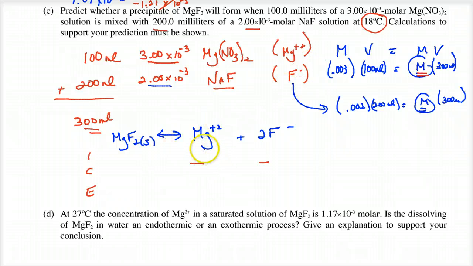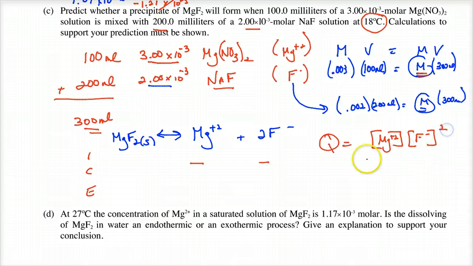So what you're going to do is you can actually figure out, without putting an equilibrium table together, even though I started to, just so you can see what's going on, evaluate your Q. Your Q is equal to what? Mg plus 2 times F negative squared. So put these values in. Sorry for the ICE table.